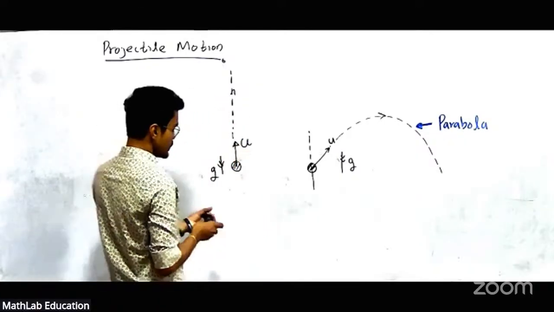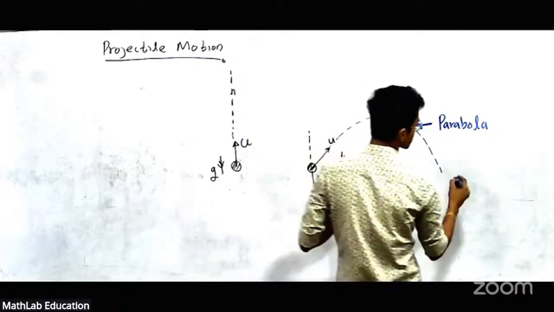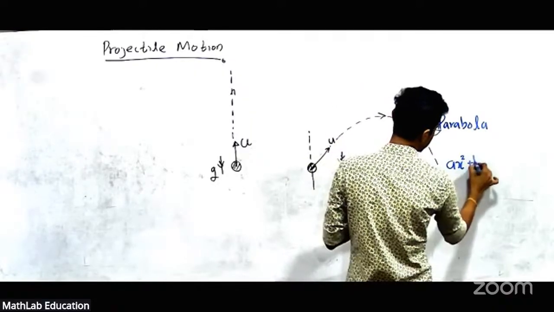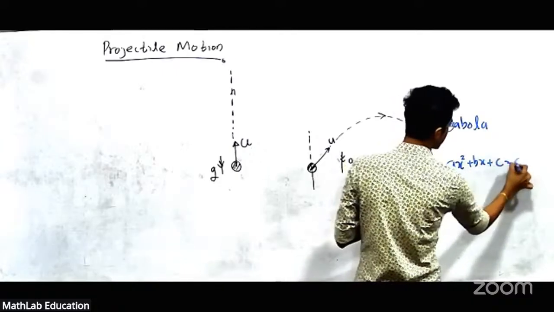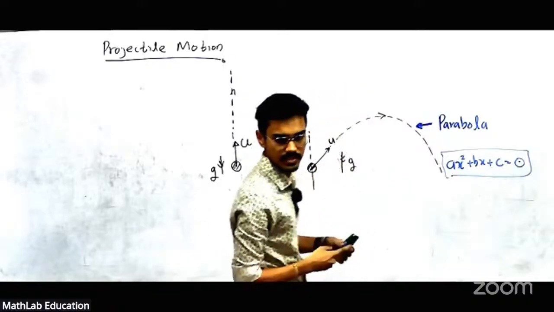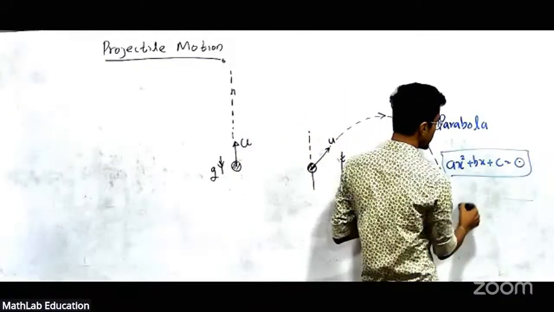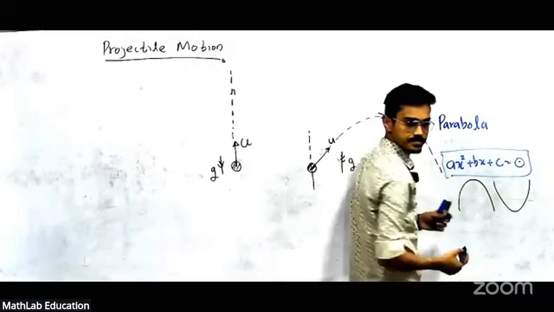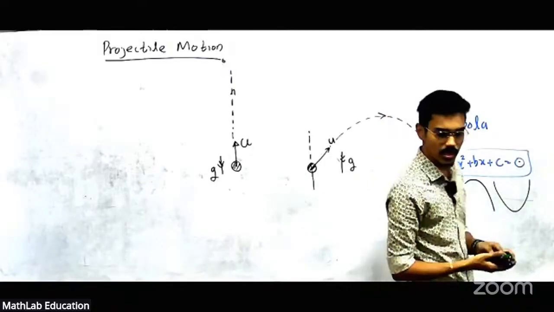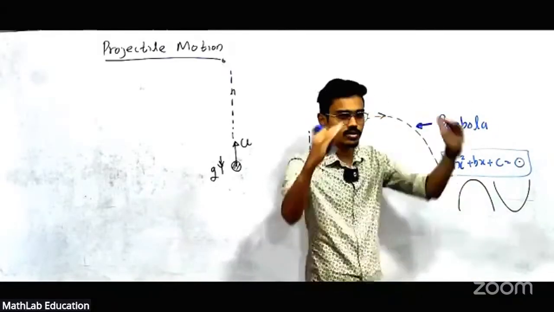Because you are plotting curves for these kinds of variations in O levels, no? Like ax squared plus bx plus c equals 0. For these quadratic equations, you are plotting curves, no? It can be either a maxima or a minima, right? So these shapes are called parabolas. That's not a circle, that's not an ellipse. It has its own shape.